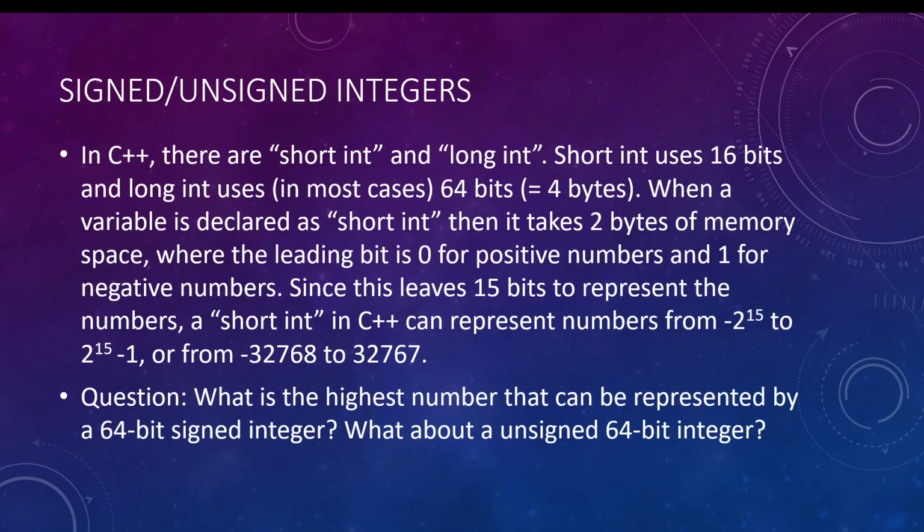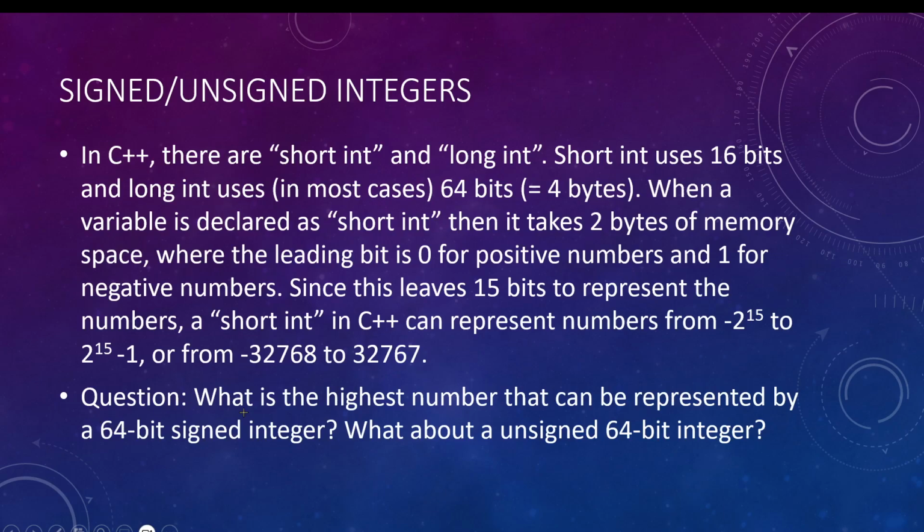Because the leading one is treated as negative, and then you have a 0. Okay. So the short integer can represent numbers from -2 to the 15th power to 2 to the 15 minus 1. Oh, if it's this way, then I think that number would be negative 1.